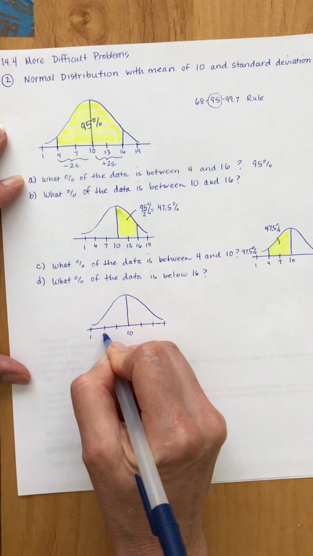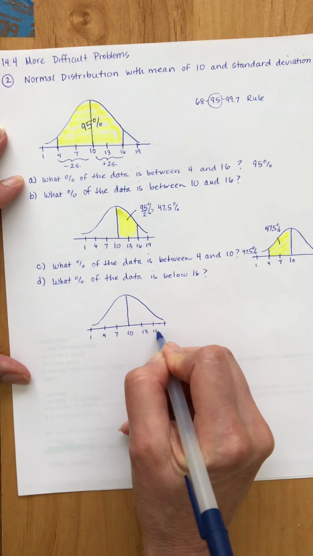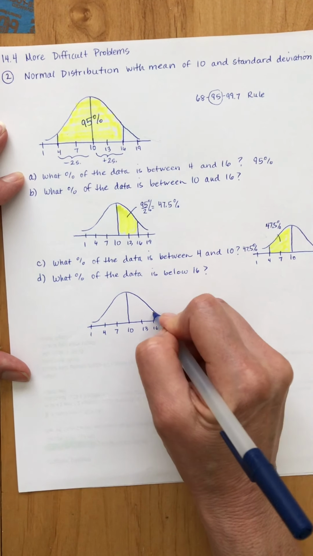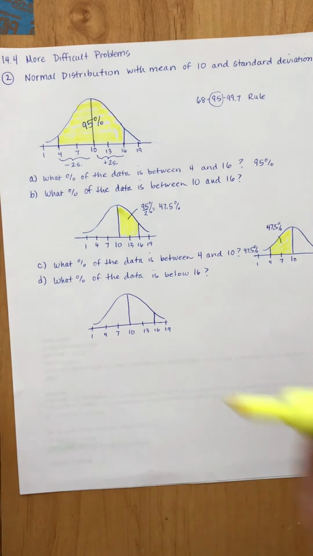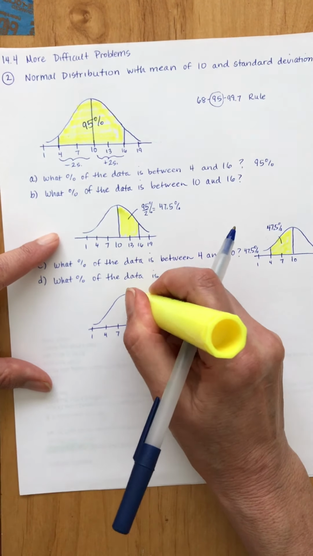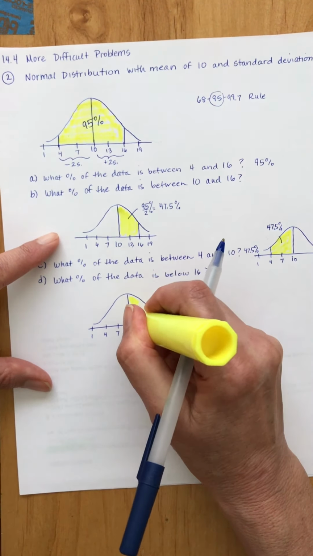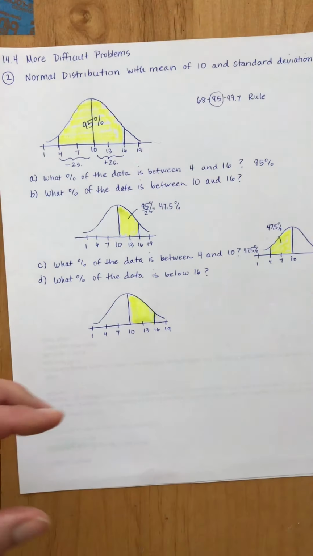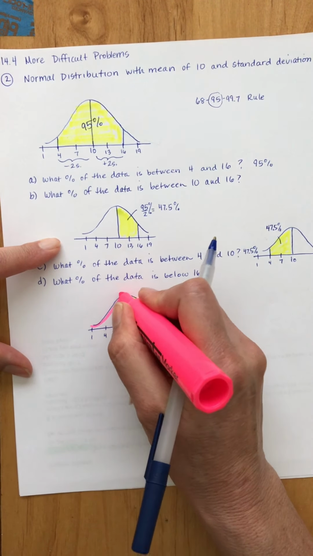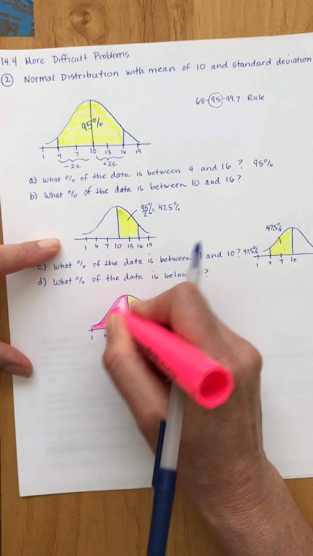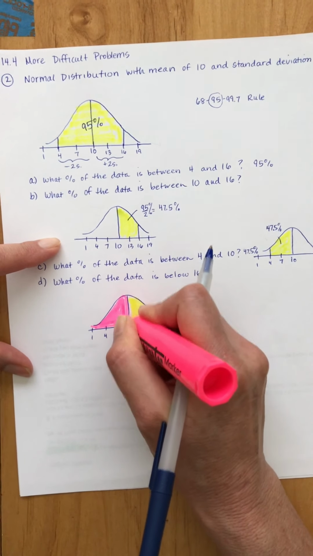Okay, so 1, 4, 7, 13, 16, 19. Okay, so we want to say here and everything below. Well, let's shade it a little differently. Let's go like this. Yellow here. Kind of regretting using the yellow marker. It doesn't work that well. And let's go with pink. So that's all of this.